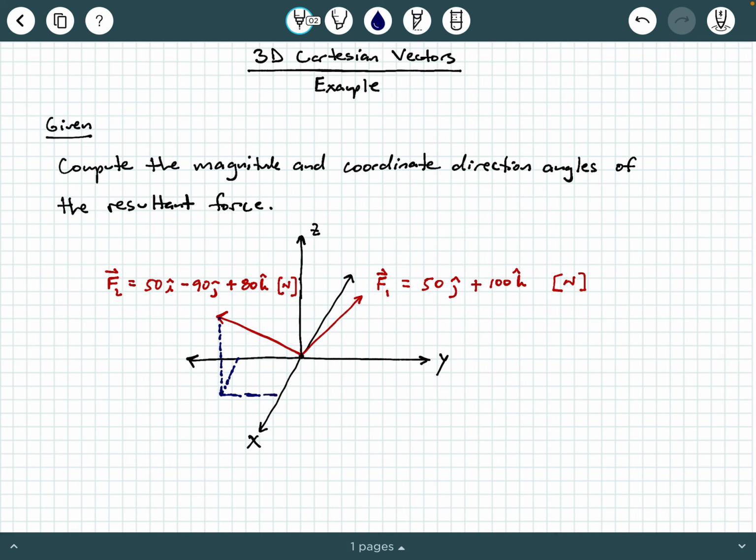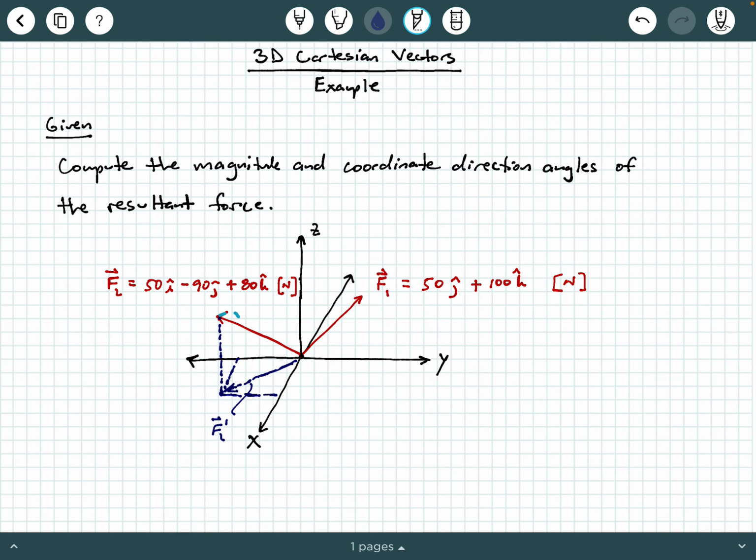If you remember from some of our background information, this is going to have a little shadow here, and we can call this F2 prime. We're not necessarily going to use this directly, but this is just for illustrative purposes, to help us see what's going on.